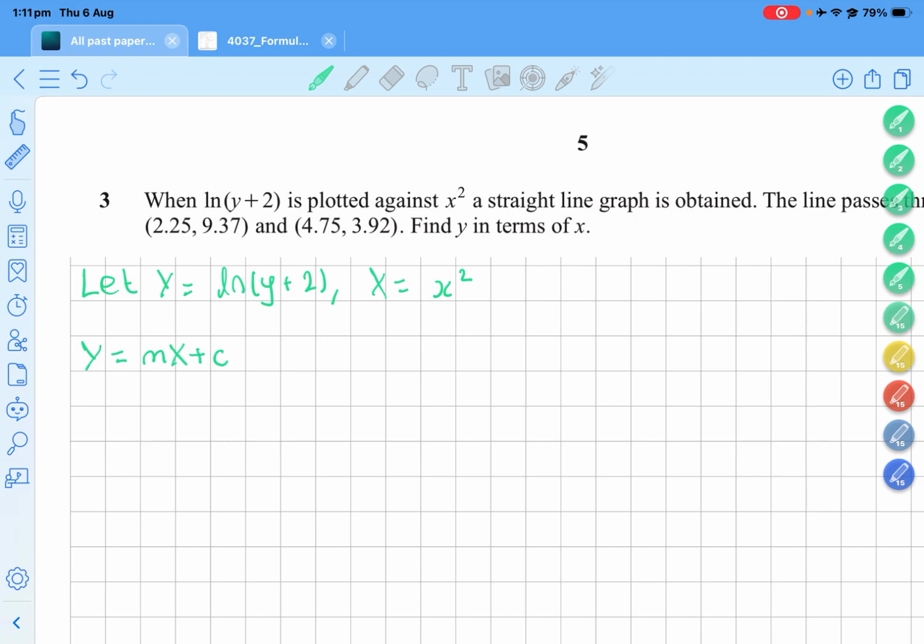So 9.37 equals 2.25m plus c, 0.25m plus c, and then 3.92 equals 4.75m plus c.